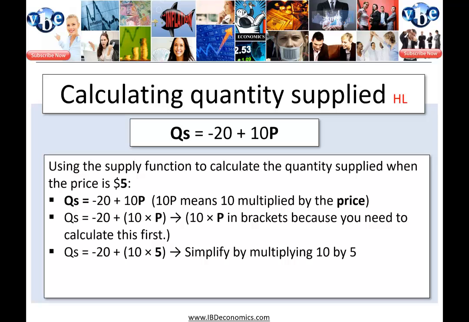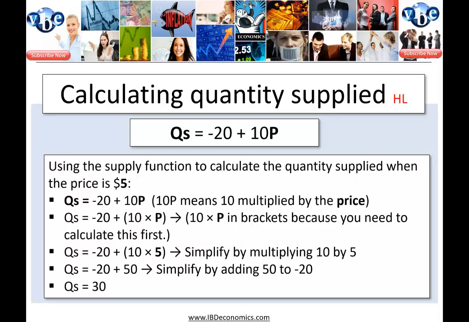And all we are doing is QS equals minus 20 plus 10 times 5, minus 20 plus 50. So the quantity supplied at the price of $5 is 30 units, 30 tons, 30 kilograms, we're not sure.